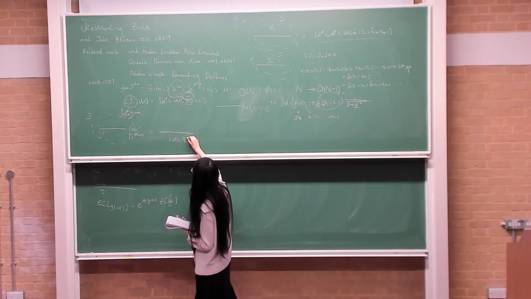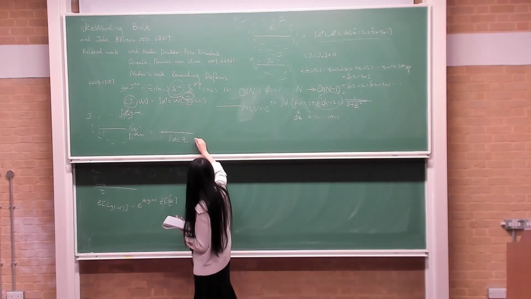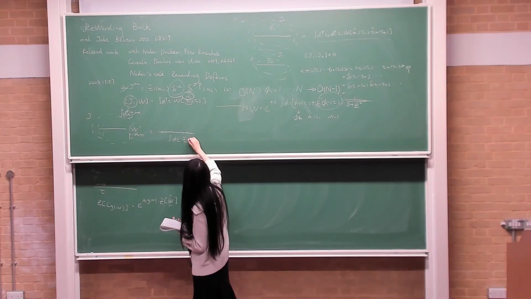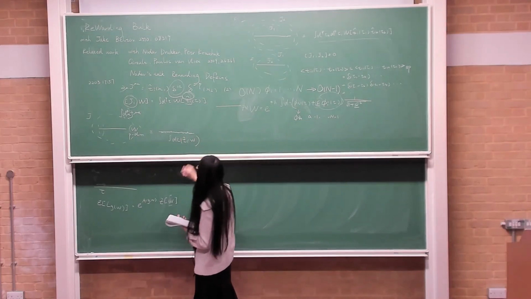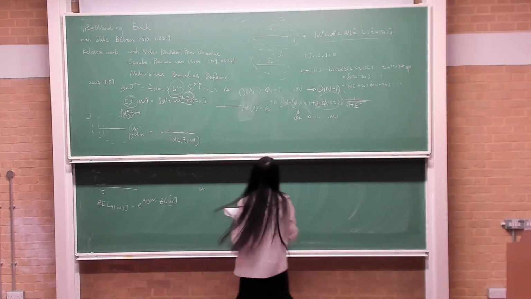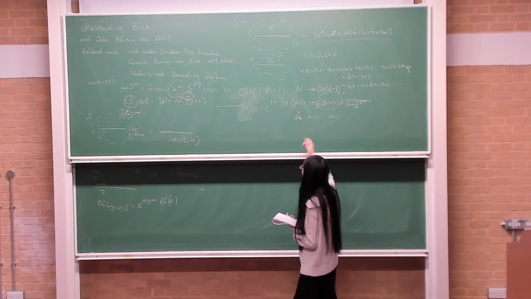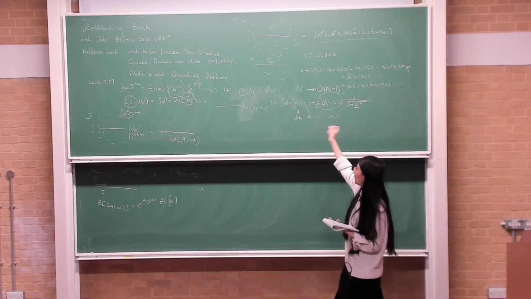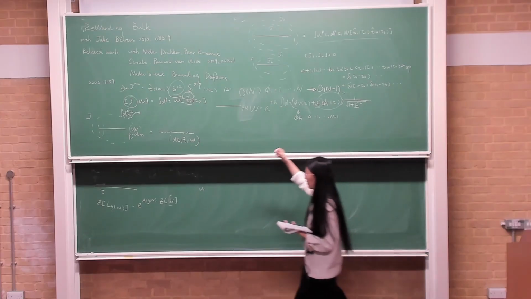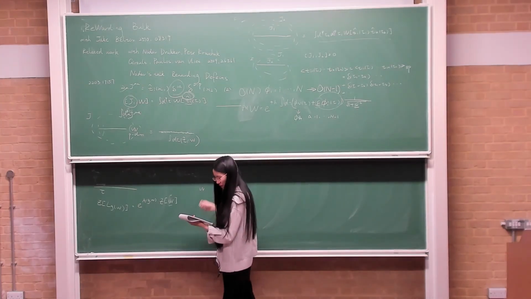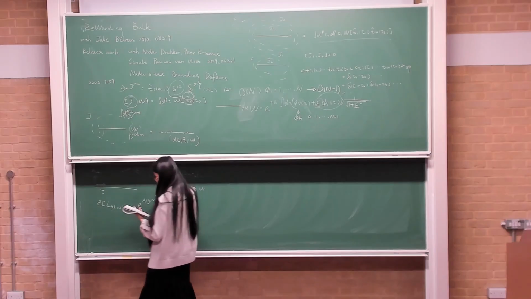So I can write it as T, but because it could vary along the line, I use a parameter W to represent it.